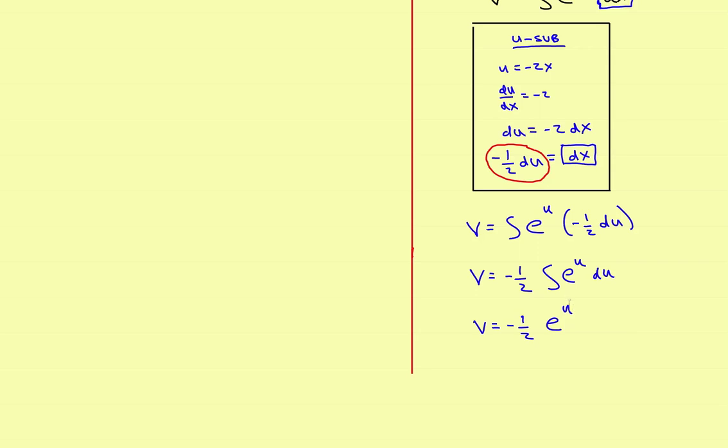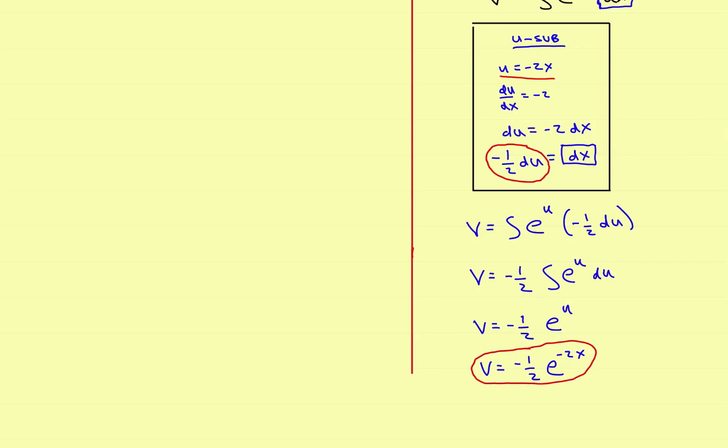Now the last step, remember, is to replace u with what it's equal to. Well, u is equal to negative 2x. So this finally becomes v equals negative 1/2 e to the negative 2x. Again, we'll leave the plus c off until later on. I'll put a little red line right there. So now you have v.